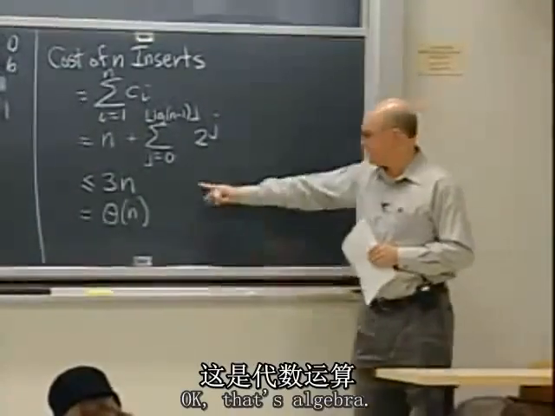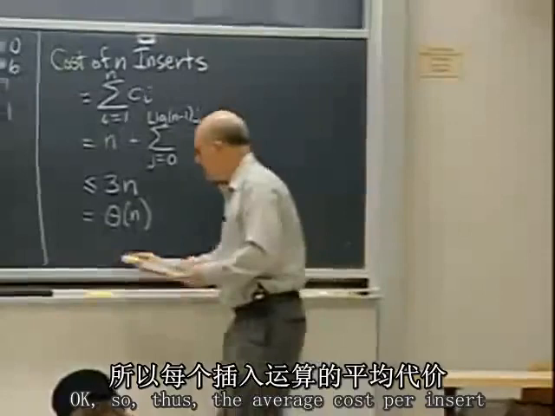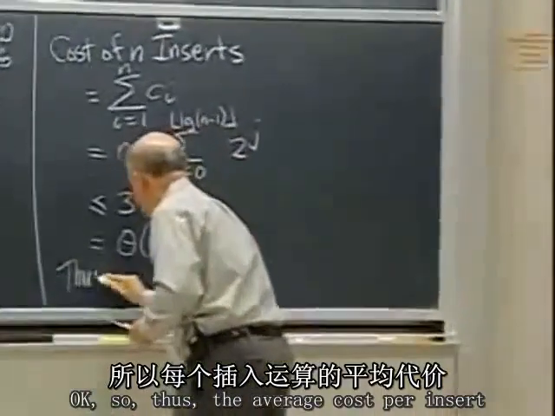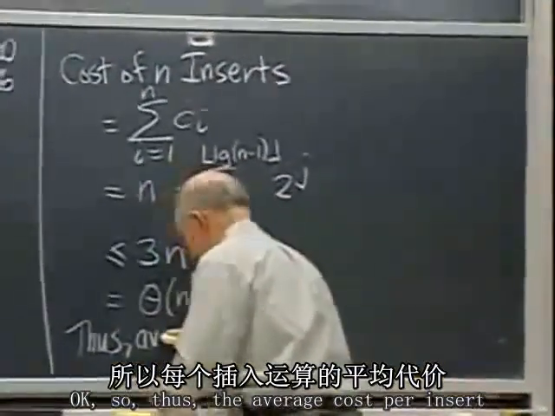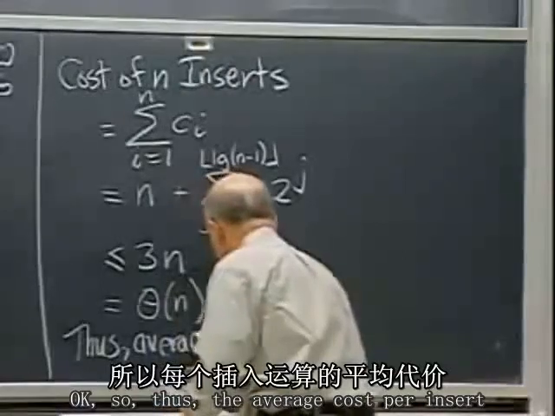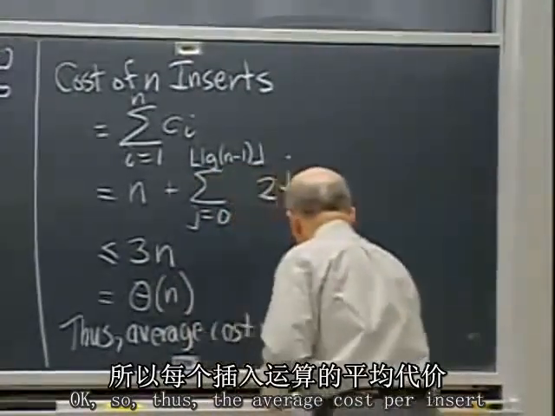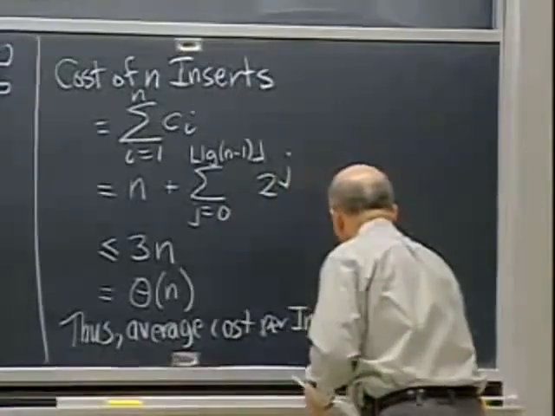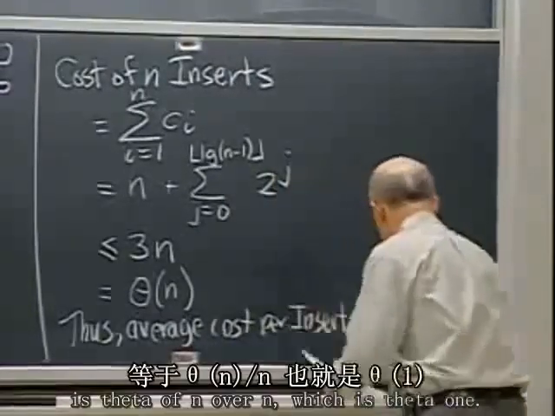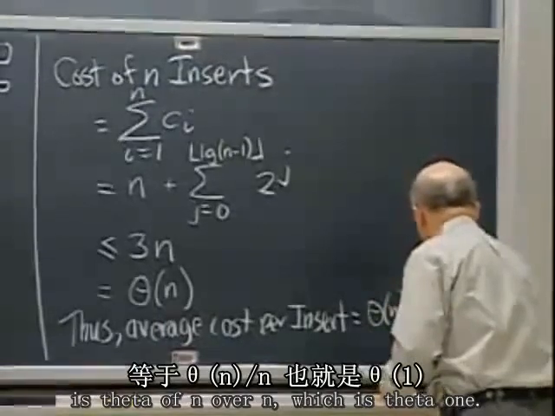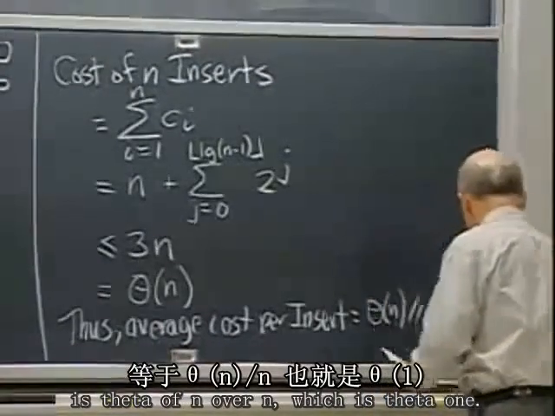So that's algebra. Thus, the average cost per insert is theta of n over n, which is theta of 1.